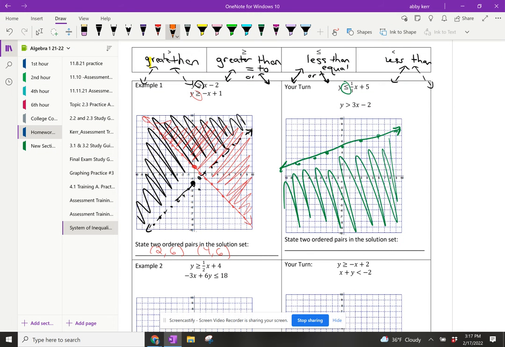I'm going to do the second one. I'm going to begin at -2, go up 3, right 1, up 3, right 1. Then do the opposite. Okay, so there is no equal sign under it, so it's going to be a dashed line.